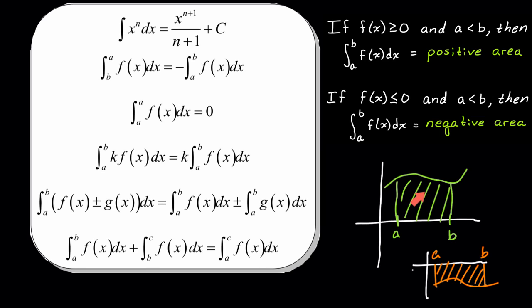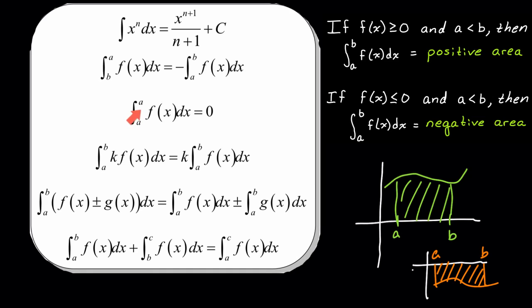So you'd have to put a negative in front of that integral. And likewise, this one, if you integrate from b to a, you would have to put a negative in front of that integral.